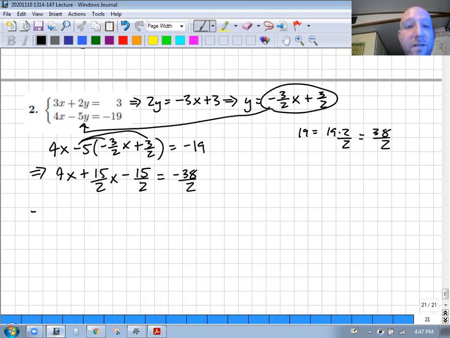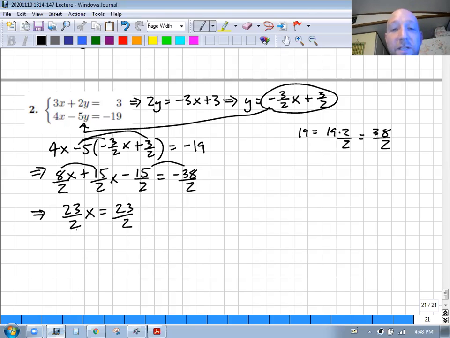All right, and let's rewrite 4x as 8 halves x. So 8 and 15 is 23 halves x. If we add 15 to both sides, see 38 minus 15, that gives us 23 halves.